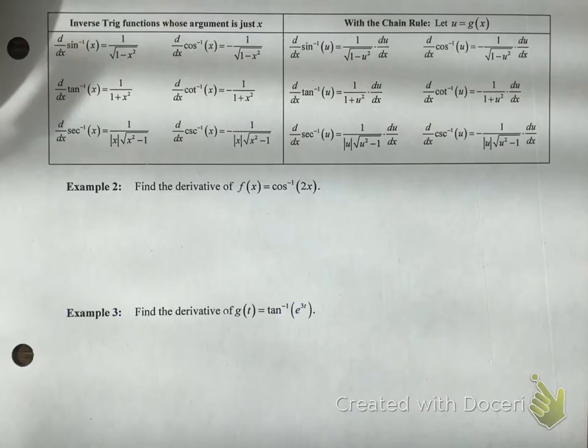Okay, for example number 2, it says find the derivative of the inverse cosine of 2x. Okay, so I'm going to have to find the rule, so I'm going to go ahead and put the rule over here.